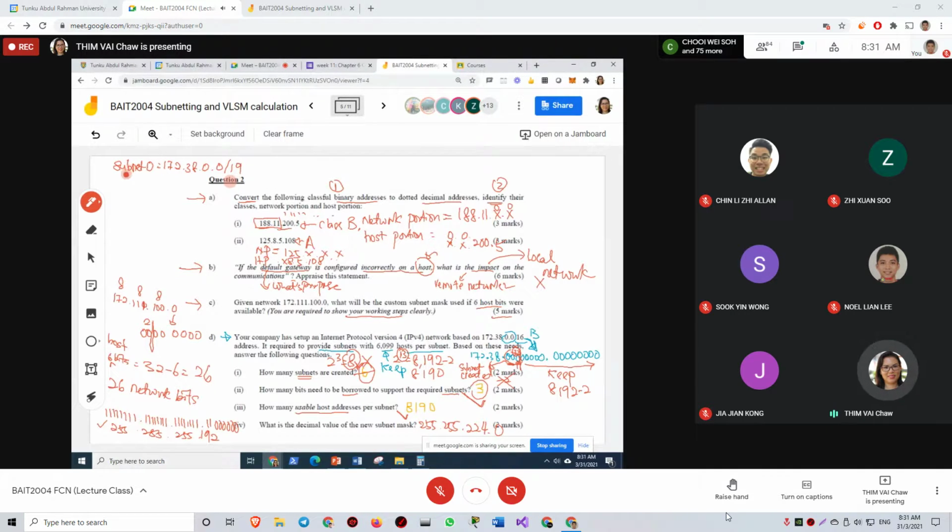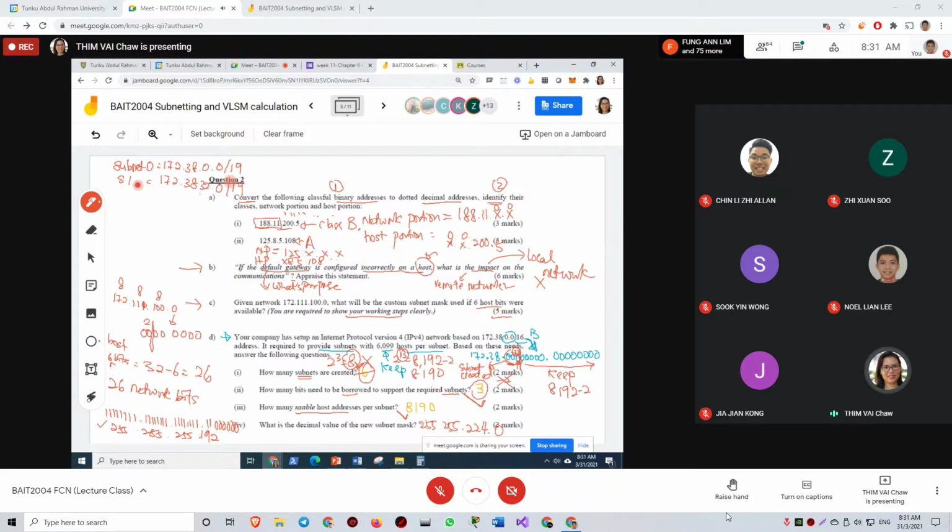This is the subnet 0 network address. Then for subnet 1, you have 172.38. Remember the magic number is 32, and the line cut between your network portion and your host portion is on the third byte. So that's why I'm using 0 plus 32, I get 32.0/19.